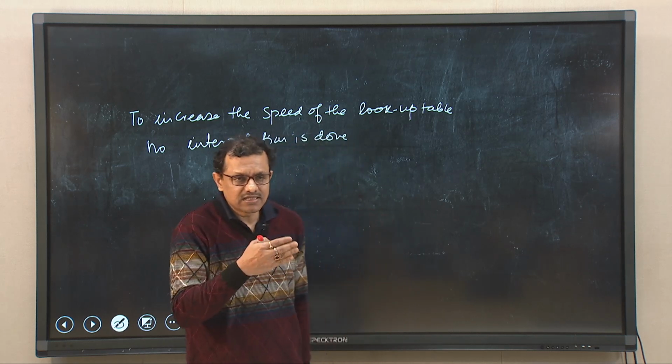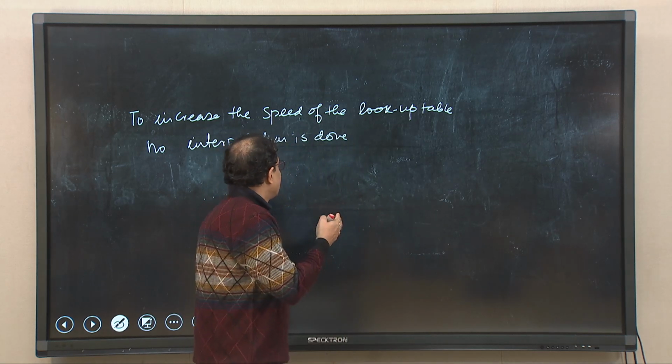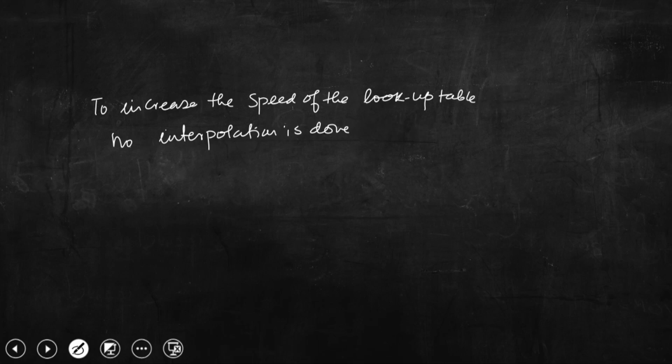So, this is essentially done to increase the speed of the lookup table. Okay. So, now the question is, if that is the case, then there can be a deviation in this lookup table, so what remedial action or step is taken?